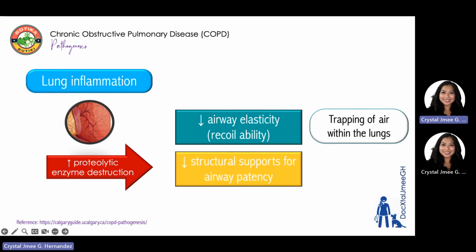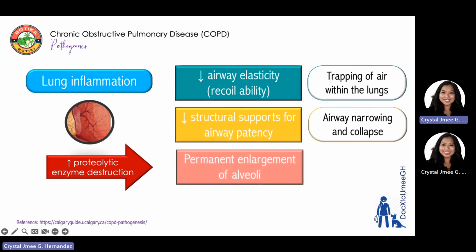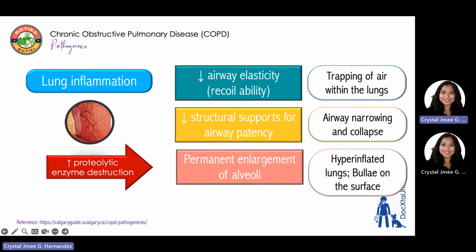Next is decrease in structural supports for airway patency, and this will lead to airway narrowing and collapse. And of course, there will be permanent enlargement of the alveoli. So it will lead to hyperinflated lungs, and there will be presence of bullae on the surface of the lungs. When you say bulla or bullae, these are easily erupted air sacs.